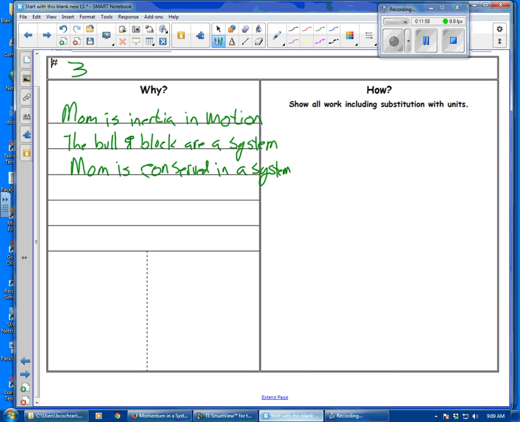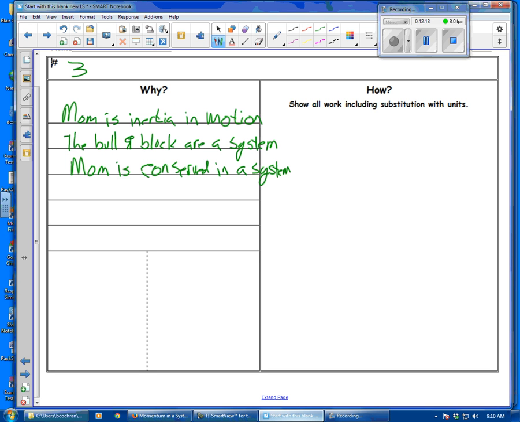I'm going to start writing smaller so that will fit in there. And I could put in here that there's how many objects before the interaction and one afterwards, or I could just show it in my diagram, right? So you might write it, you might just show it.